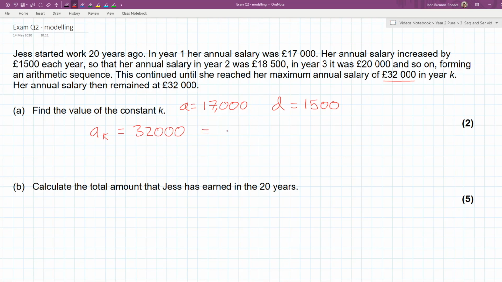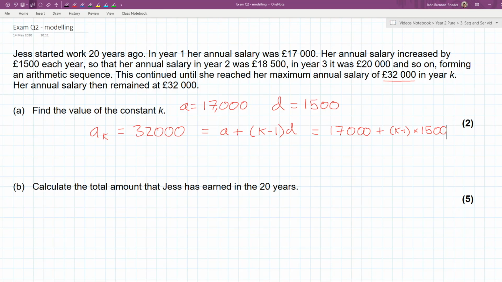And the kth term, as we know, is going to be A plus K minus 1 times D, which is 17,000 plus K minus 1 times 1,500.